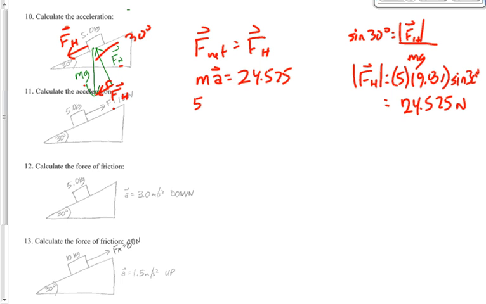The mass is 5. So now when we divide 24.525 divided by 5, we get 4.91 meters per second squared.